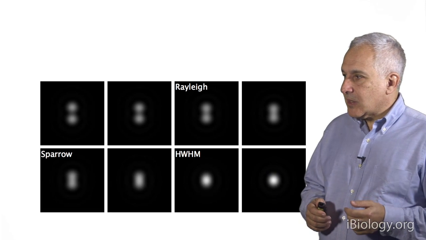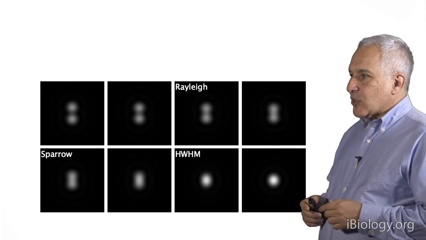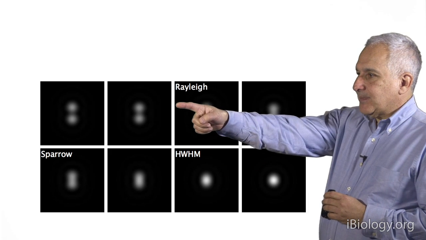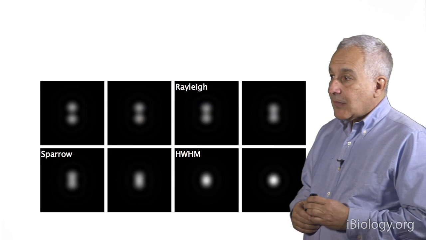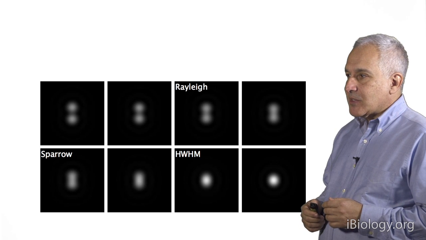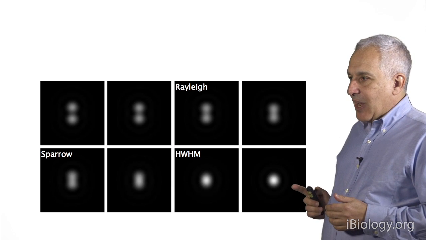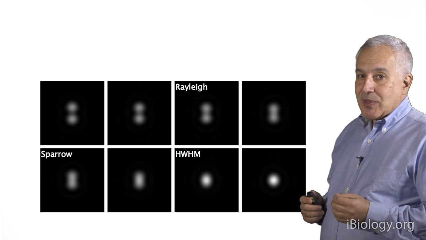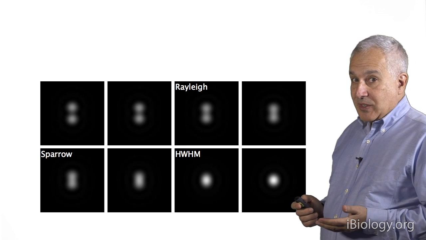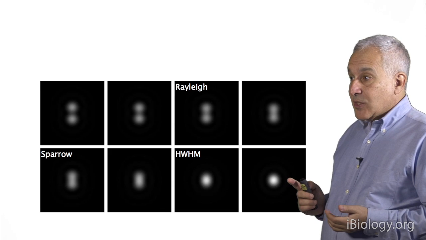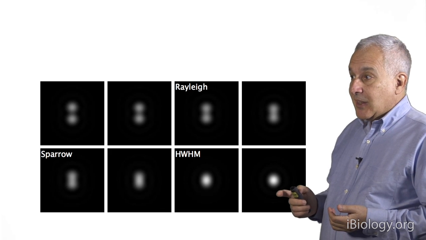So here are a series of points, and if we start with the one up there, all the way here, no doubt those are two separate points. They're separated, there's a dark area between them. If we look all the way down here, where they're sitting on top of each other, then it would be very hard for anyone to say that they're two points, although this is probably much brighter than each of those points.